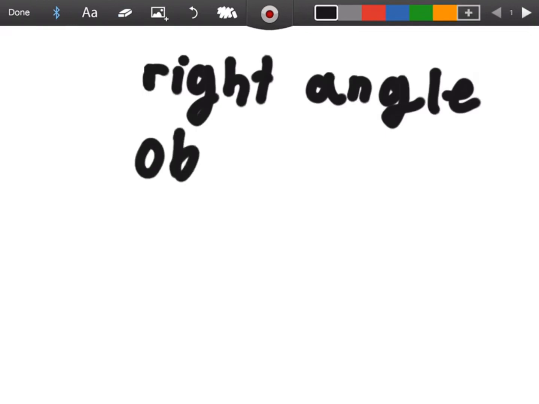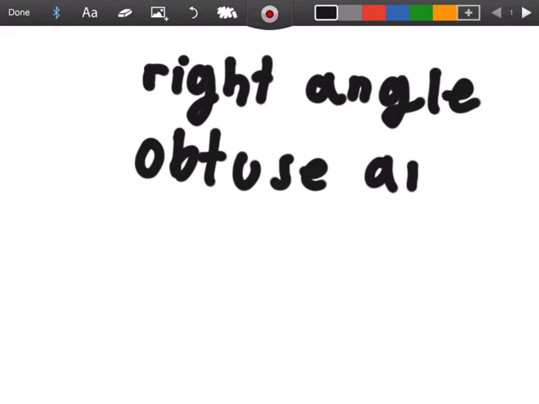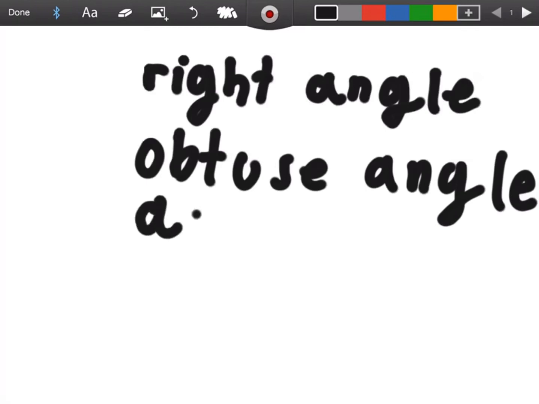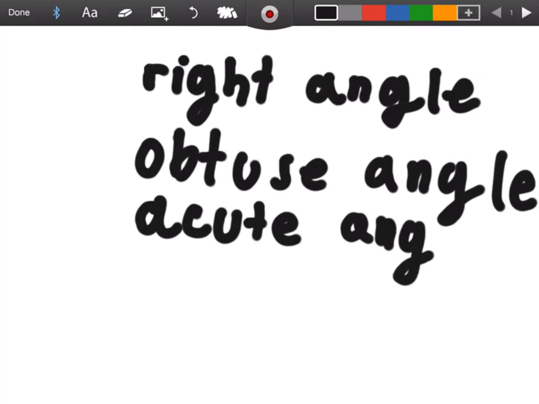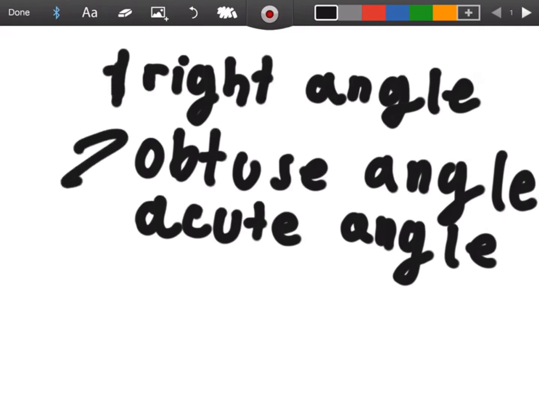Another one is called an obtuse angle. And another one is called an acute angle. So these are the three types of angles. There's one, there's two, there's three.